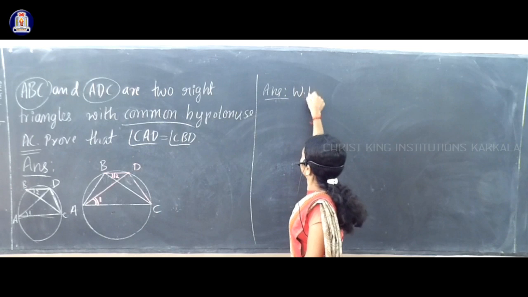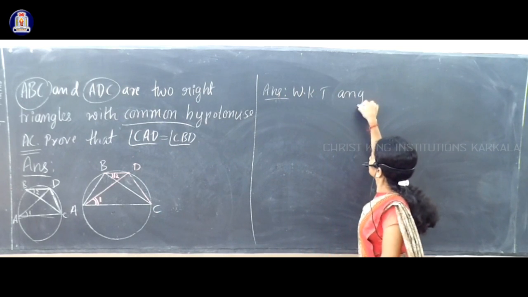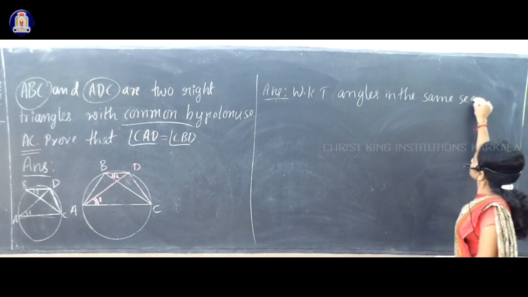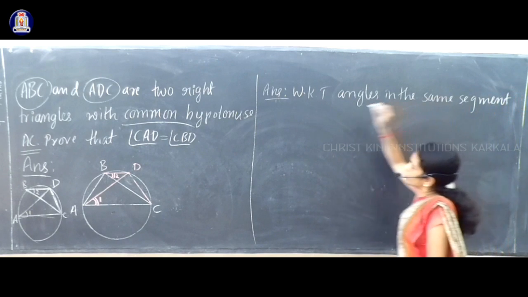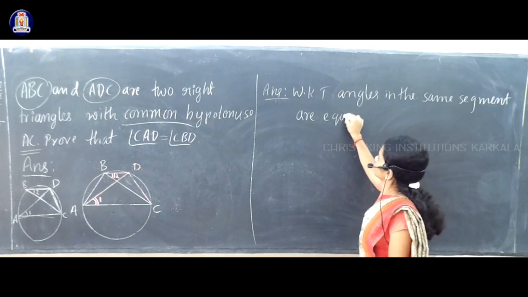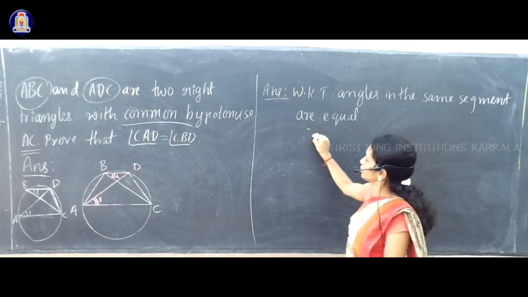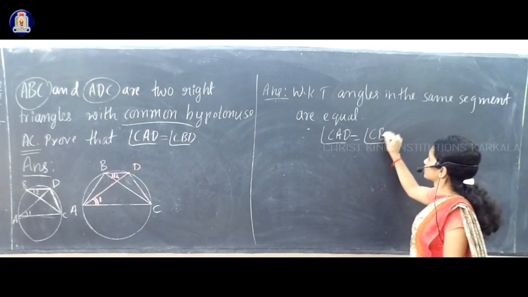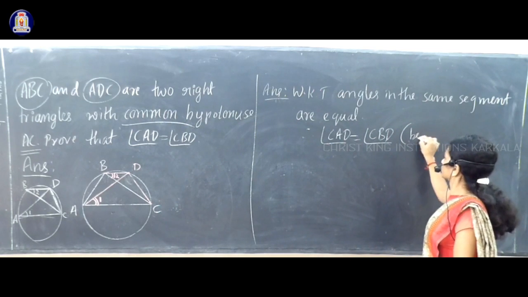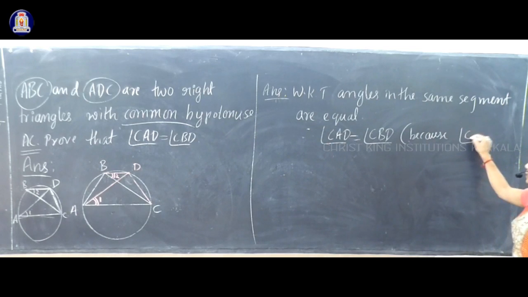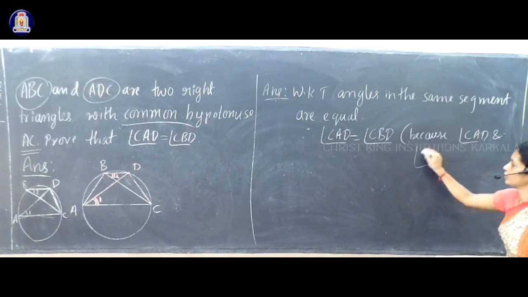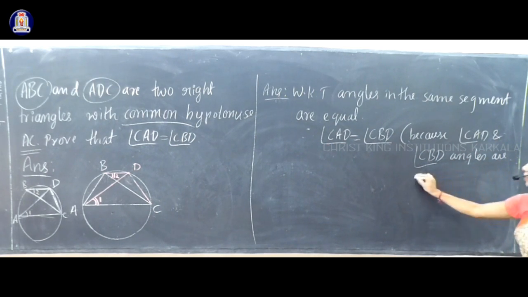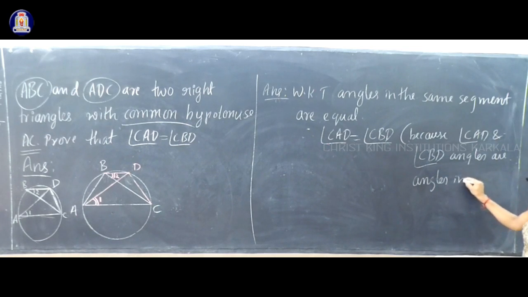We know that angles in the same segment are equal, therefore angle CAD is equal to angle CBD, because angle CAD and angle CBD are angles in the same segment.